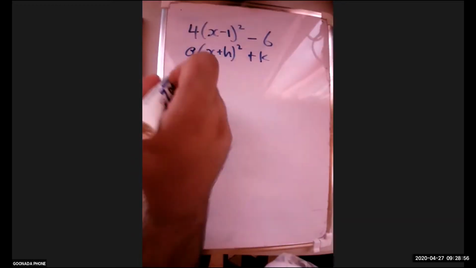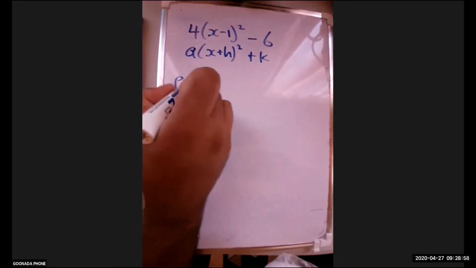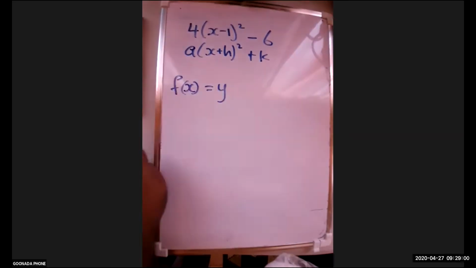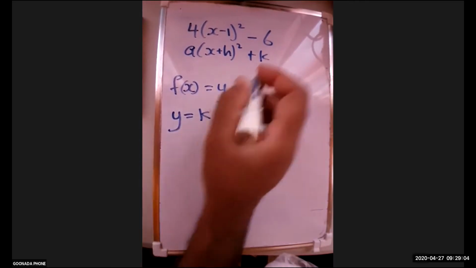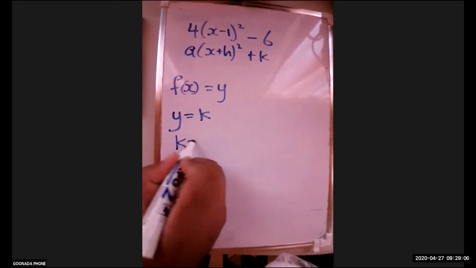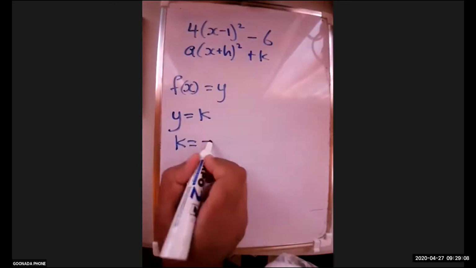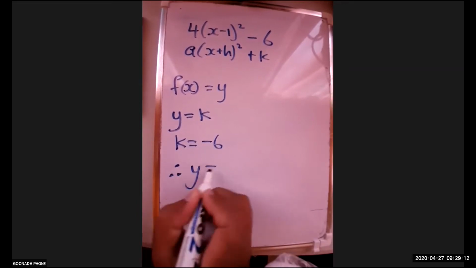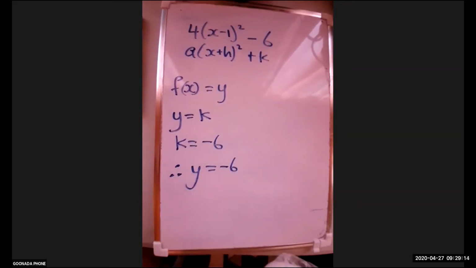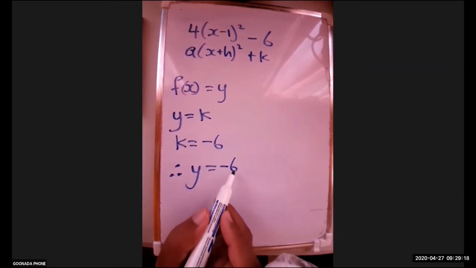And remember, I told you all f of x is the same as y, right? And since we know that y is equal to k, and we know that k is equal to -6, that means that y is also equal to -6, right? So this is the answer for part 2.